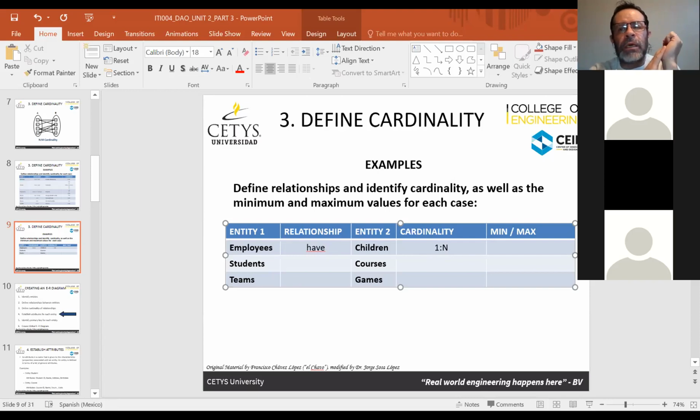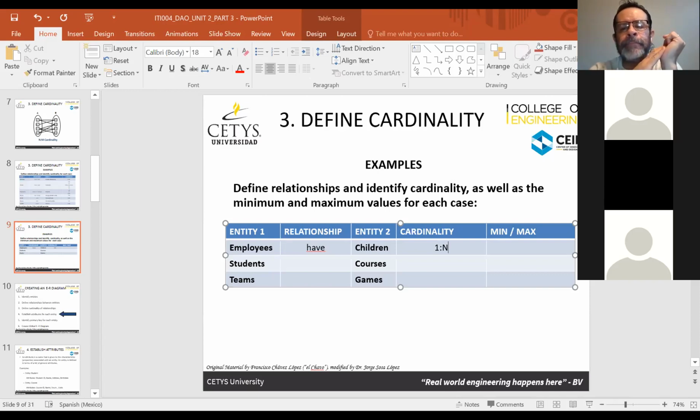If more than one employee working in the same company has children, you usually register them to one or the other. Why? Because this has to do with insurance things. So let's say that it's one to many. That means that a child will only be associated to a main tutor.